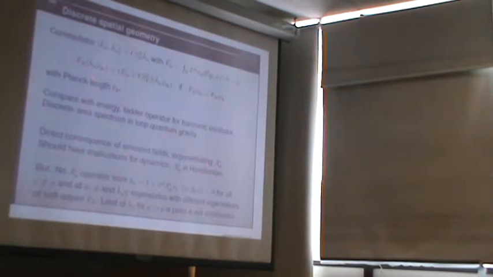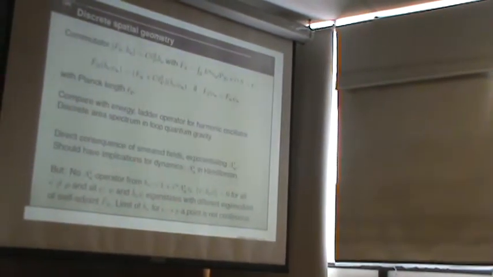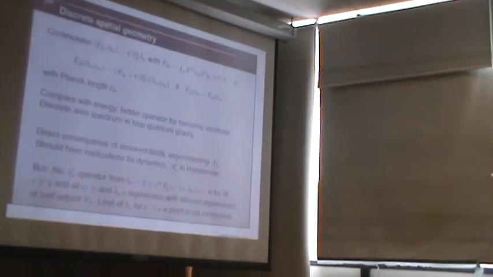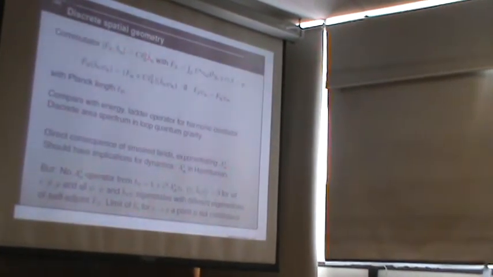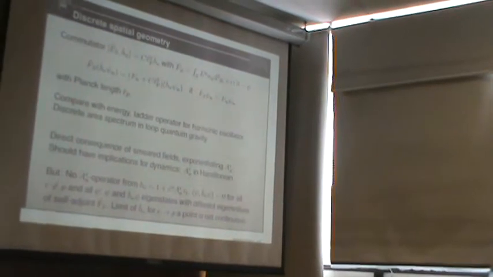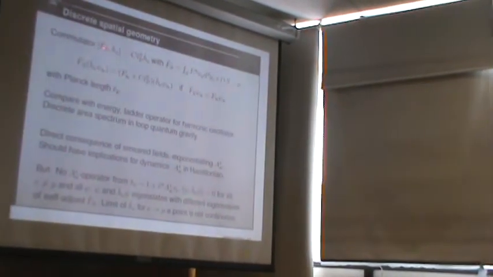So the flux spectrum is analogous to the harmonic oscillator energy calculation. So we have a commutator. The commutator of the flux and the holonomy is proportional to the holonomy. So that's similar to the energy of the harmonic oscillator with a raising operator.